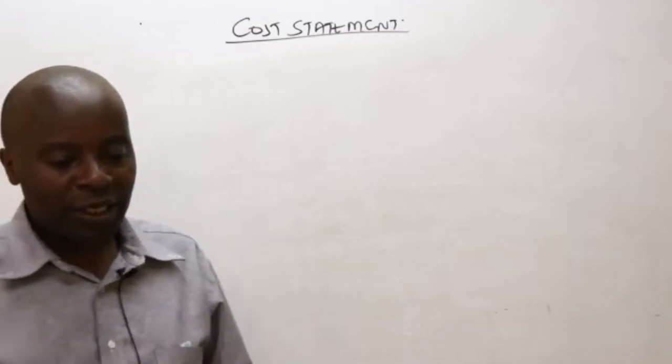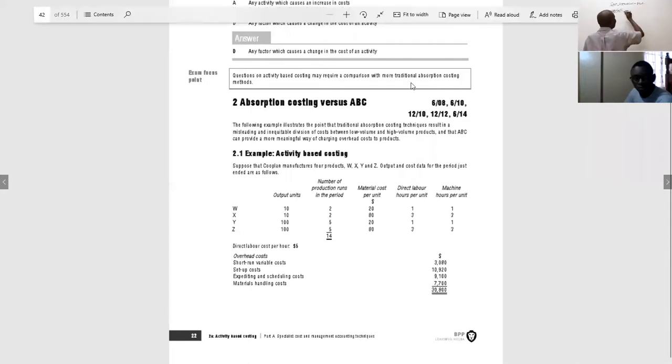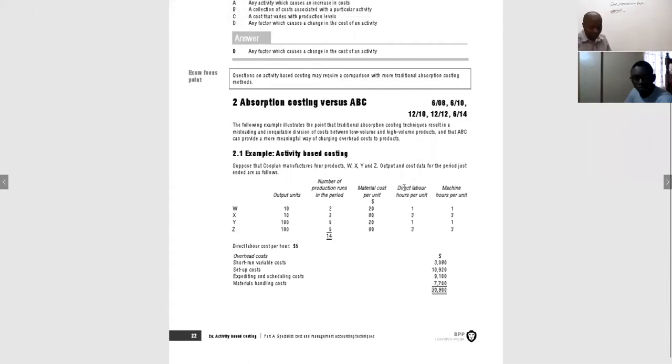So you can see the overheads here. There are many because, remember, ABC is multi-factor. So overhead costs, what do we have there? The first one is called short run variable costs.